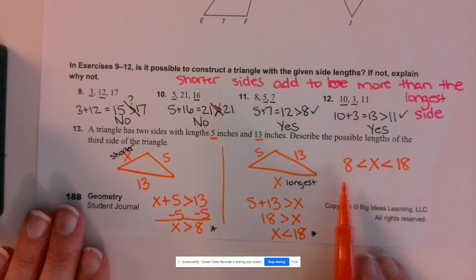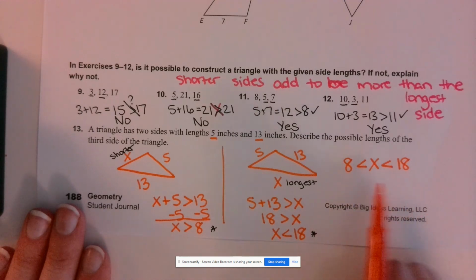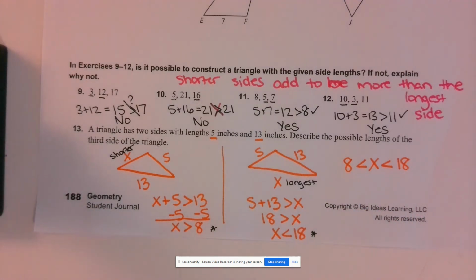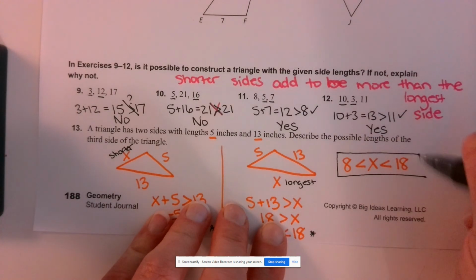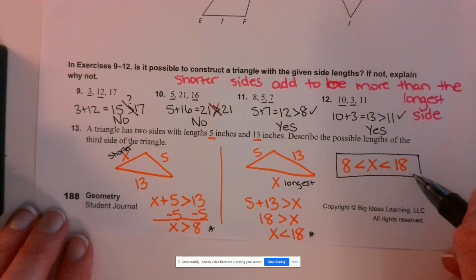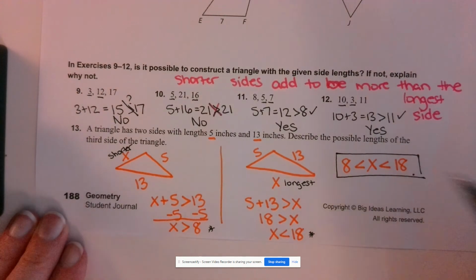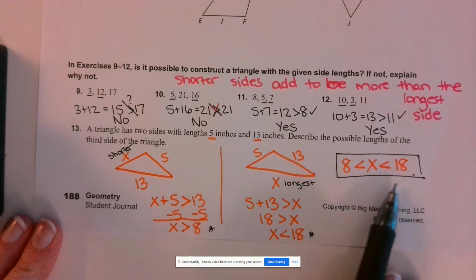X can be any number from 9 to 17 if we're talking about whole numbers. As long as X is greater than 8 and less than 18, then those lengths would form a triangle. So this is our final answer. We get our final answer by taking our two possible scenarios for X and putting them together.